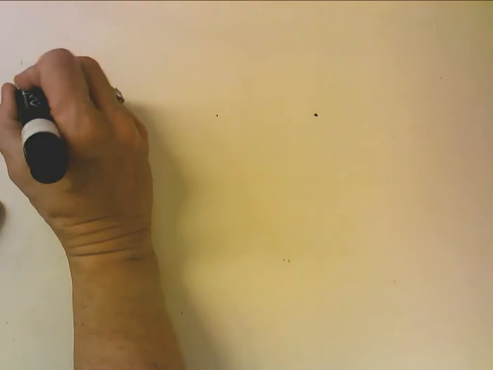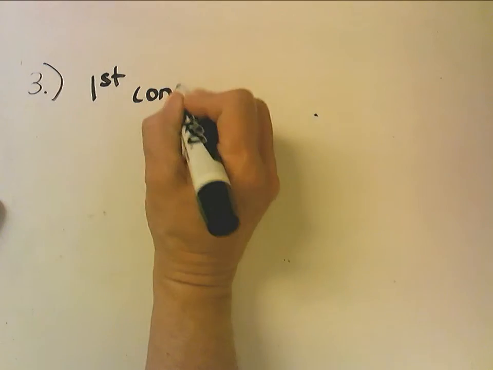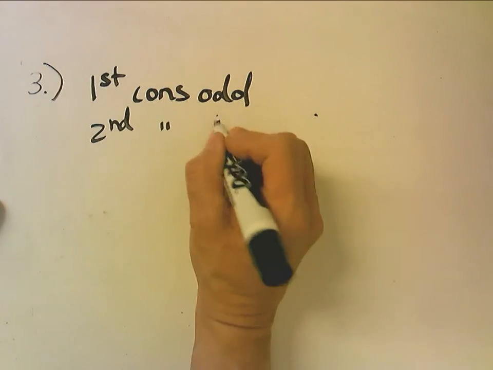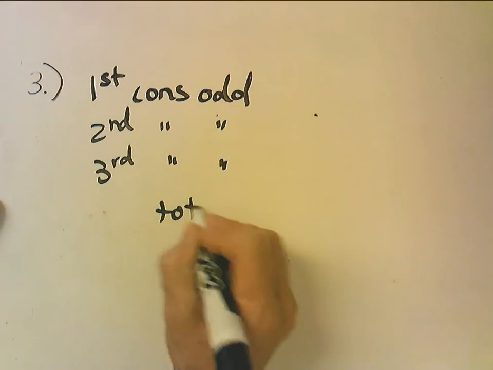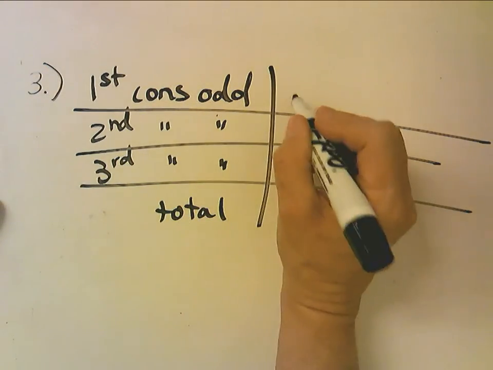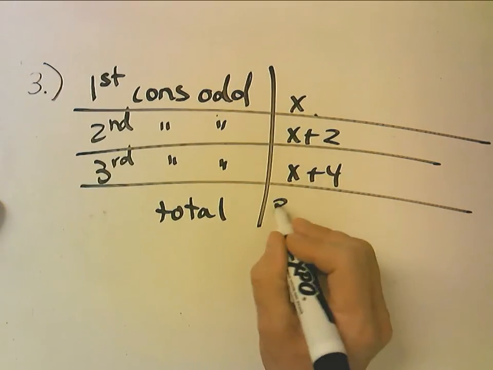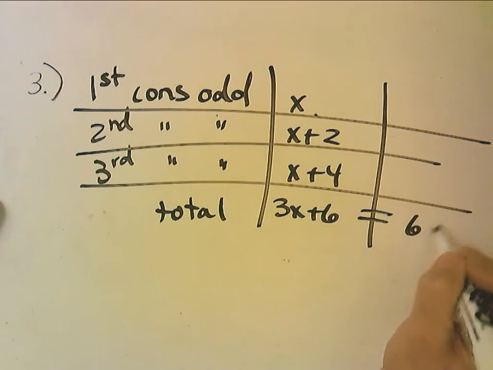Okay, now we're going to do the last one on this page, number 3. And now we're dealing with consecutive odd. First consecutive odd, second consecutive odd, third consecutive odd, and total. So we have x, x plus 2, x plus 4, 3x plus 6, and the total is 69.